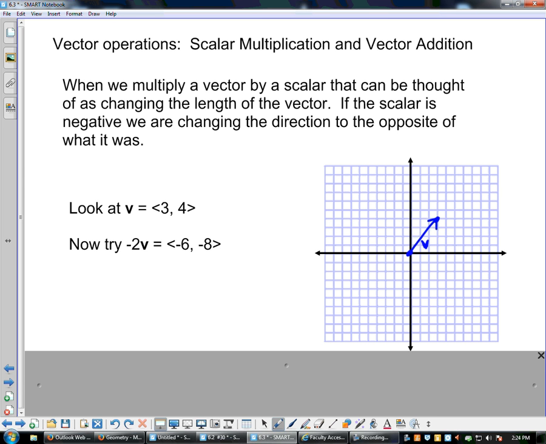And then we want to try -2 times the vector v. The -2 here is a scalar, which means it's a constant that we're multiplying something by. You could multiply a matrix by a scalar. You can multiply a vector by a scalar. All right, and so if I multiply -2 to the 3 and the 4, would you agree that we would get (-6, -8) in vector braces? Can't you also divide?